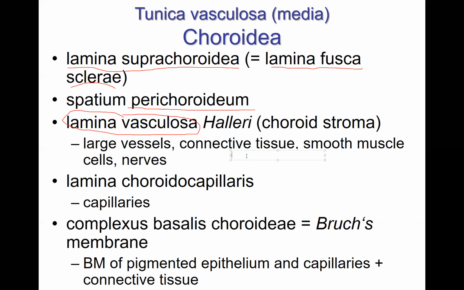Which vessels do we find here? We find here the arteriae ciliares posteriores breves, short posterior ciliary arteries and their branches. Of course, in between there's some connective tissue, smooth muscle cells, and nerves, posterior ciliary nerves.